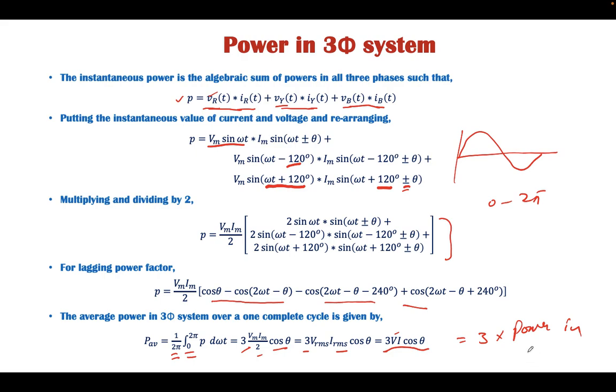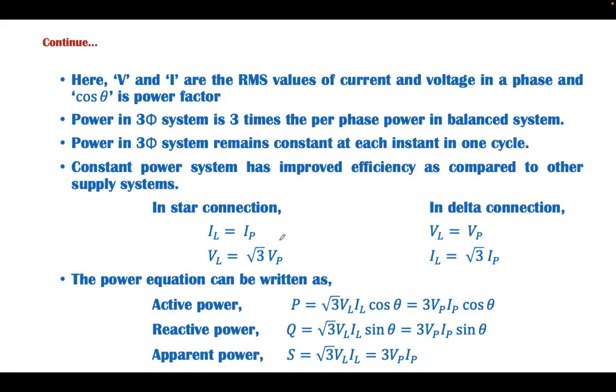Power in one phase. Now, here V and I are the RMS values of voltage and current, and cos theta is the power factor. In a three-phase balanced system, the power is 3 times the per-phase power. The three-phase system power remains constant at every instant in the cycle.